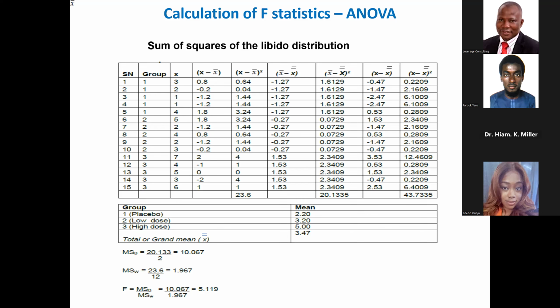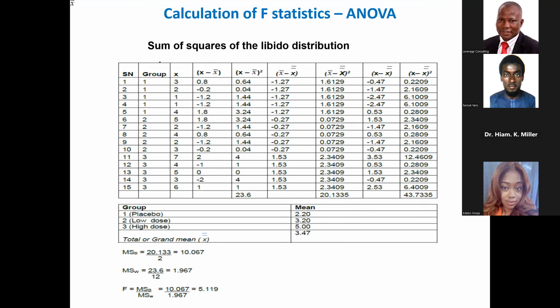So the last one now, you see the last two columns. Second to the last column, you see x minus double bar x. That is, you remove the grand mean from each value. You combine the 15 together and remove the grand mean from each value.